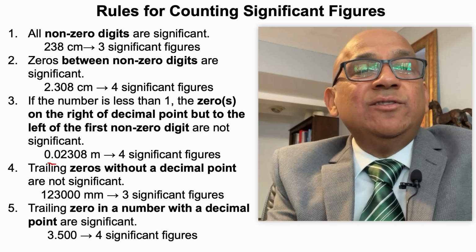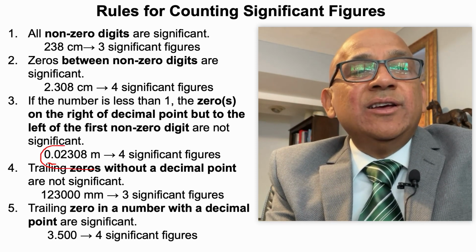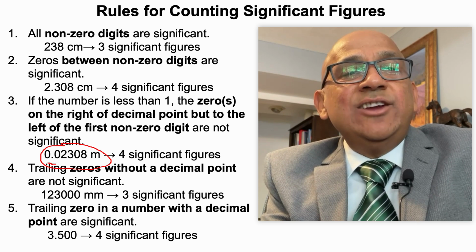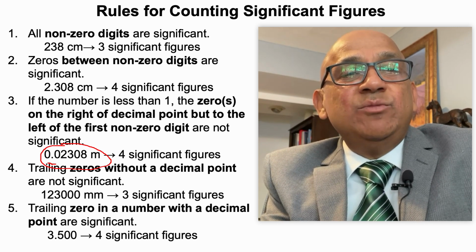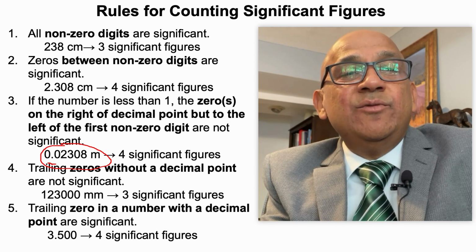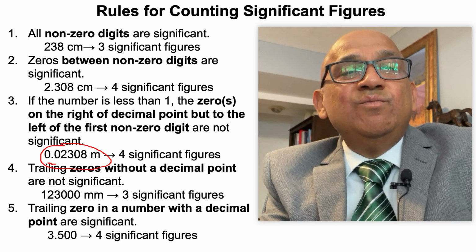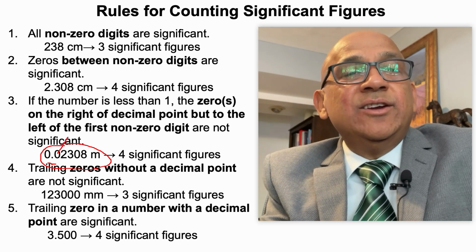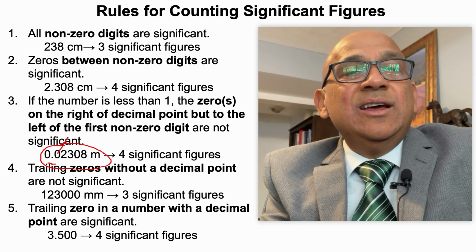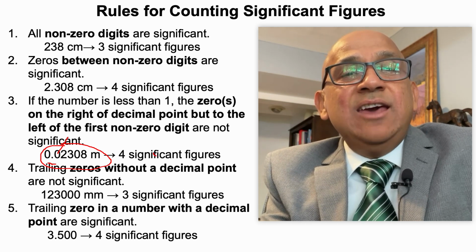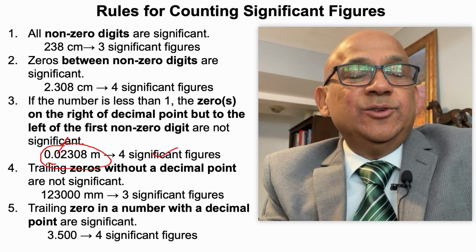Here you are seeing a zero which is to the right of the decimal point but to the left of any non-zero number, which is 2. So this 0 in this particular case is not significant. So overall, this number 0.02308 has only 4 significant digits.